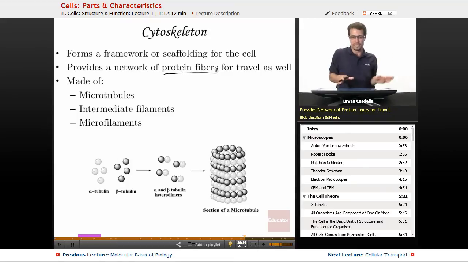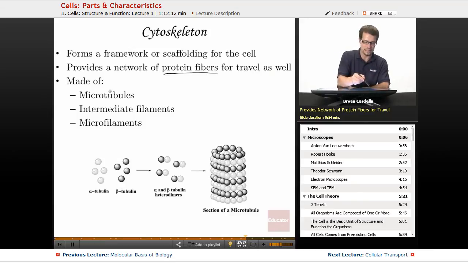The motor protein is walking because ATP molecules are being attached and broken apart and attached and broken apart to shift it. And it does this little walk along the microtubule because these protein fibers can serve as little pathways or roads throughout the cell to get from one organelle to another.